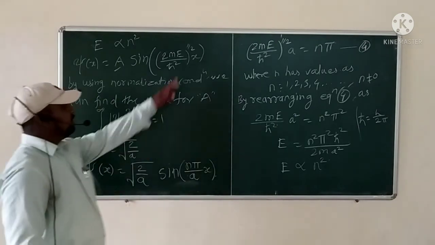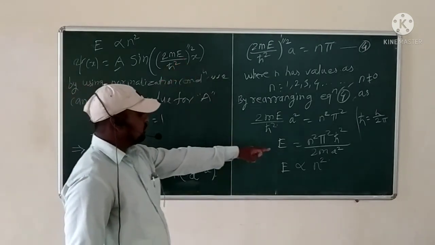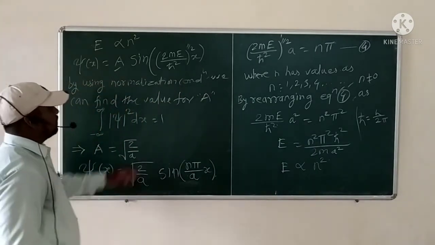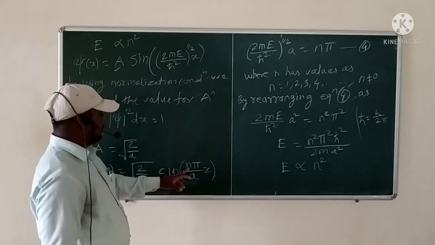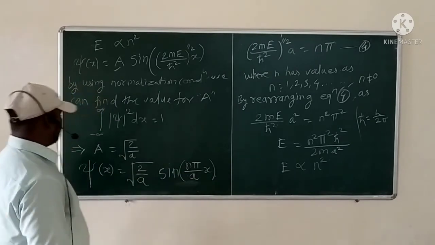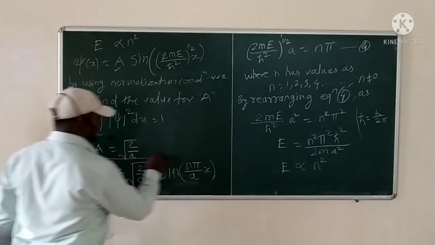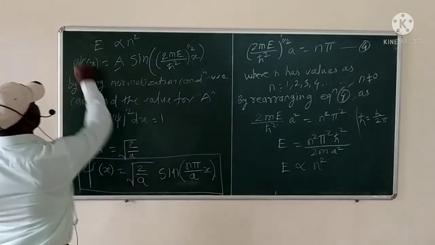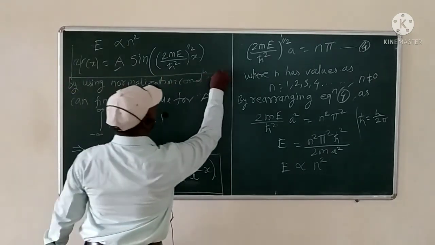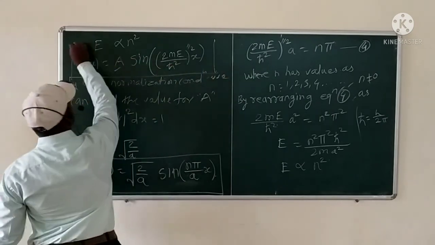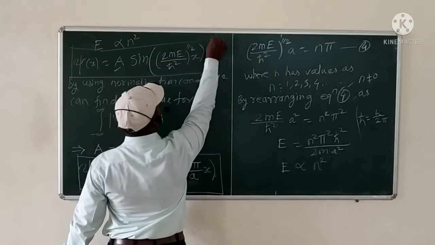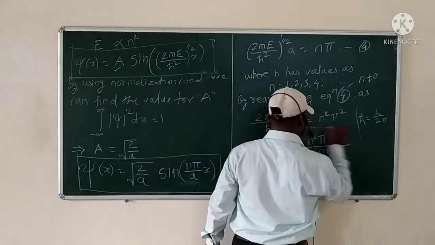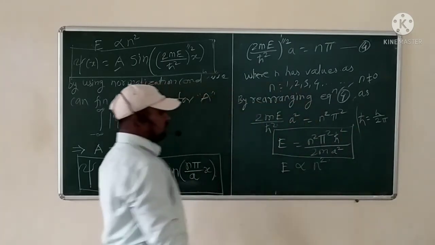Using the value of E, that n square pi square h cross square by twice m a square, putting it in this equation, we are left with n pi by a into x. So this gives us the wave function for that particle, which determines the position or the properties of that particle, and the energy of that respective particle.